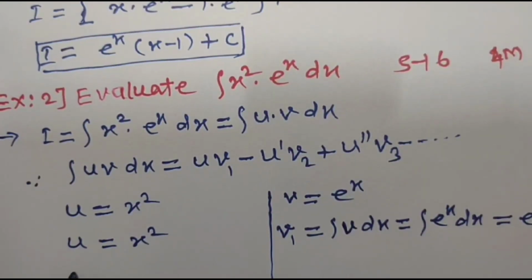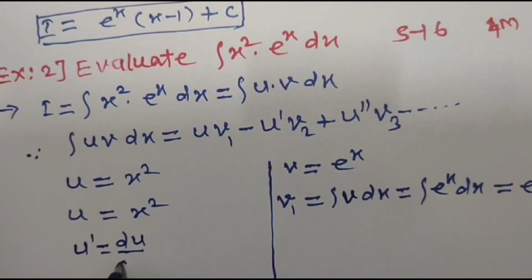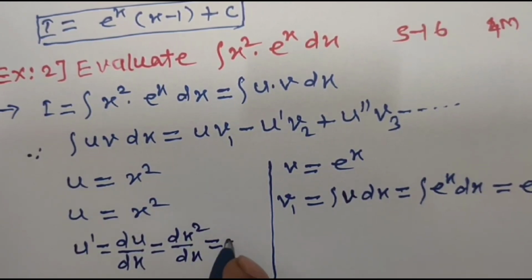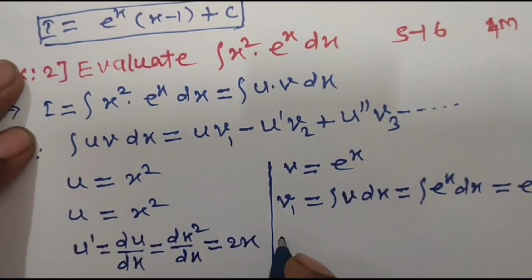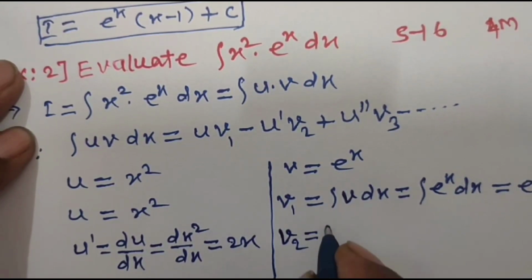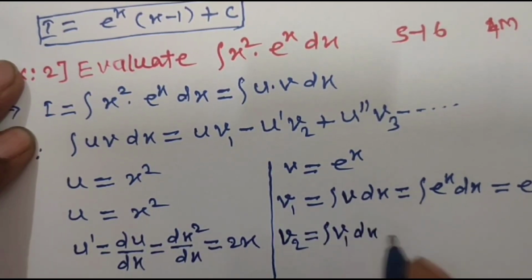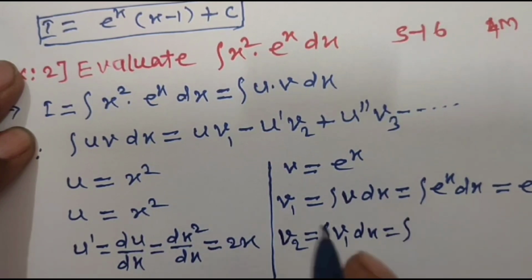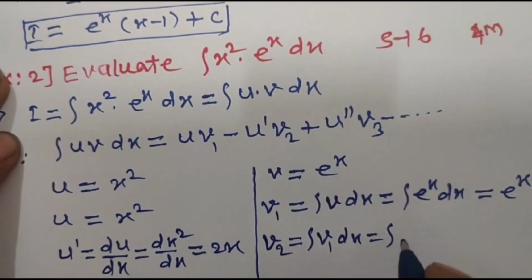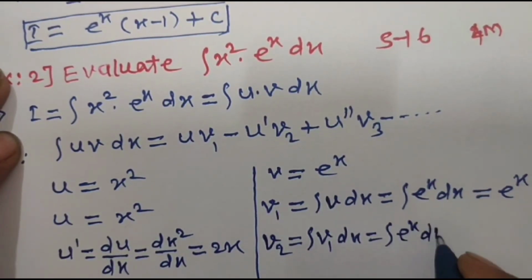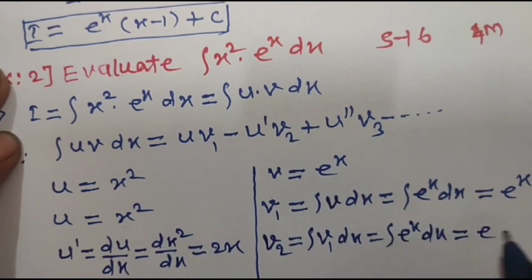Now u dash is the derivative of u with respect to x, and u is x square, so the derivative of x square is 2x. With this we want v2. v2 is equal to integral of v1, and v1 is e to the power x, so v2 is e to the power x.